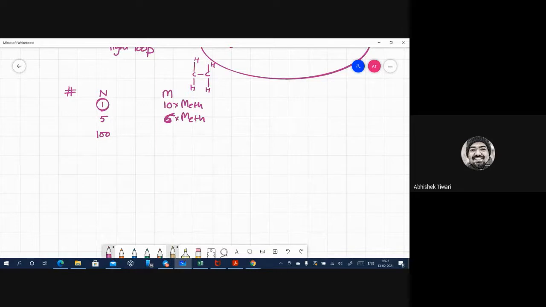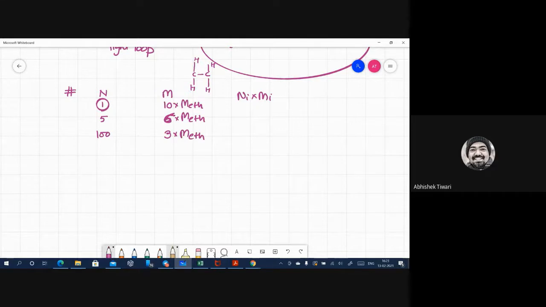Then I have 100 chains of such type that I have 3 mers in it. So the mass of those short chains is 3 into m. Then I can do the multiplication and find out what mass is being contributed from which size of chain.